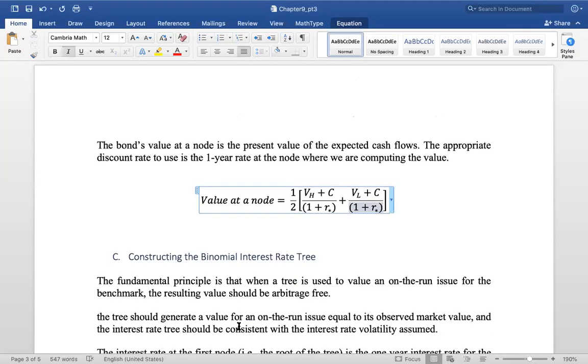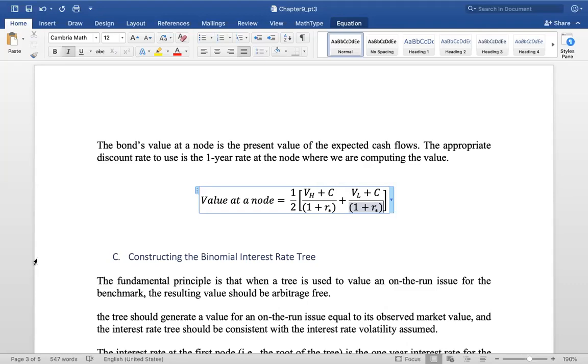Until now, we have discussed these things from the theoretical perspective, but let's talk about how to actually construct the binomial interest rate tree. The construction of any interest rate tree is complicated, although the principle is simple to understand. The principle is that when a tree is used to value an on-the-run issue of the benchmark, the resultant value should be arbitrage free.